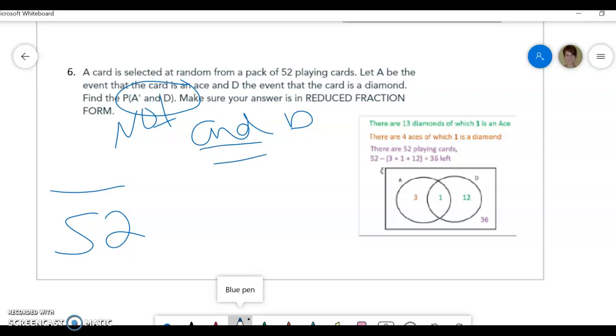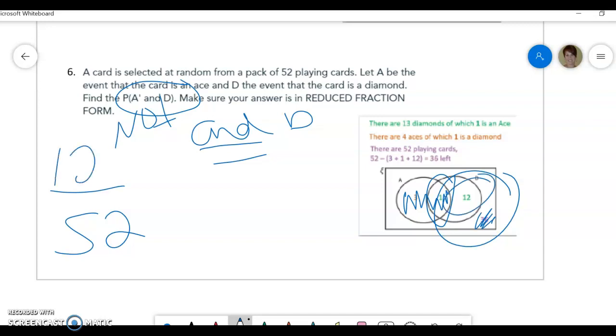Now, I don't mean necessarily the intersection here, but we're looking for a card that is not an ace. So we can't use the 4 aces again, but this time we're not going to include all of that because it has to be a diamond. So the only number we can use is 12.